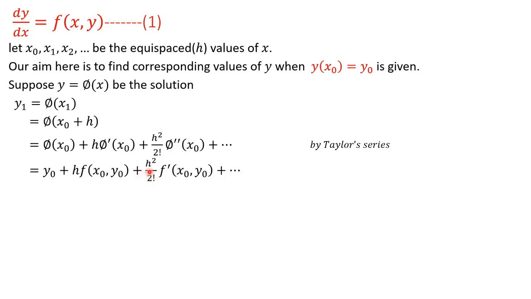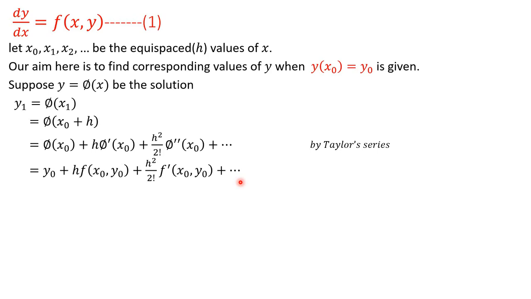Now look here, if this value of h is small, say less than 1, or in the open interval minus 1 to plus 1, then for the higher order terms, as the powers of h increase, the whole term will be negligible.